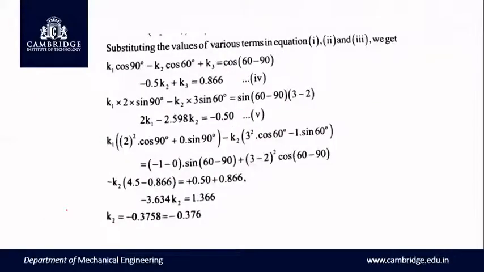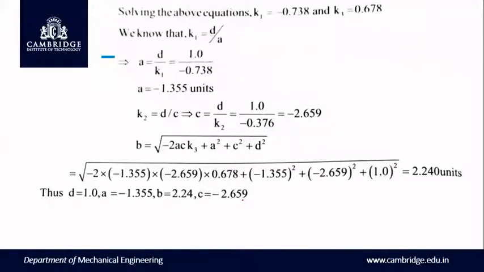Substituting the values of various terms in equations number 1, 2 and 3, the values theta 2 and theta 4 are given, that is 60 degree and 90 degree, so we will get three equations once again. By solving these simultaneous equations, we can calculate the k2 value and k1 value also.